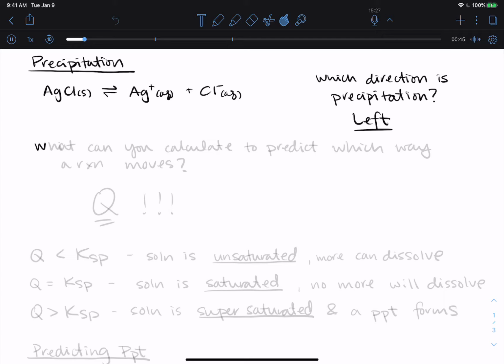So then my next question is, what do you already know how to calculate to predict which way a reaction moves?